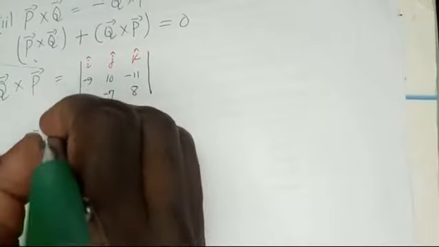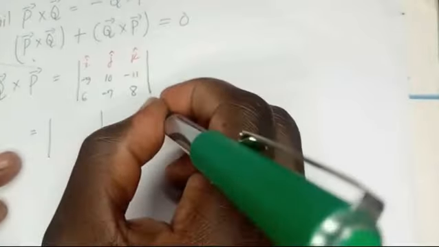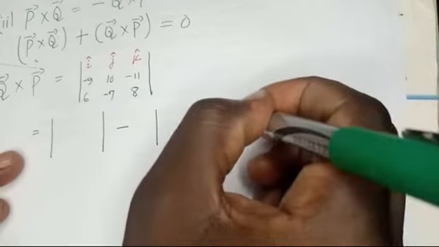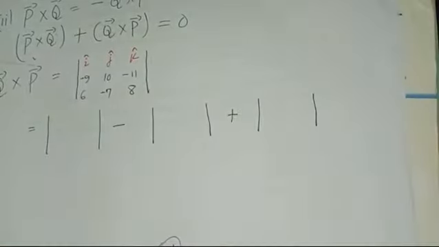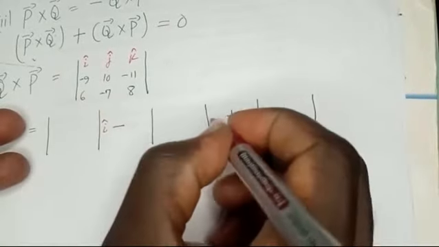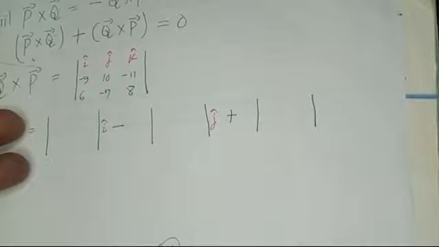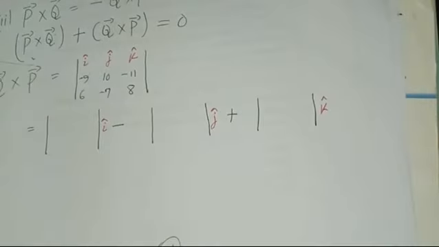So as before, I'm going to have this bracket, then minus another bracket, then plus another bracket. In the first one, this will be my i cap, this will be my j cap, and finally this one will be my k cap. Then what do I write in the bracket?